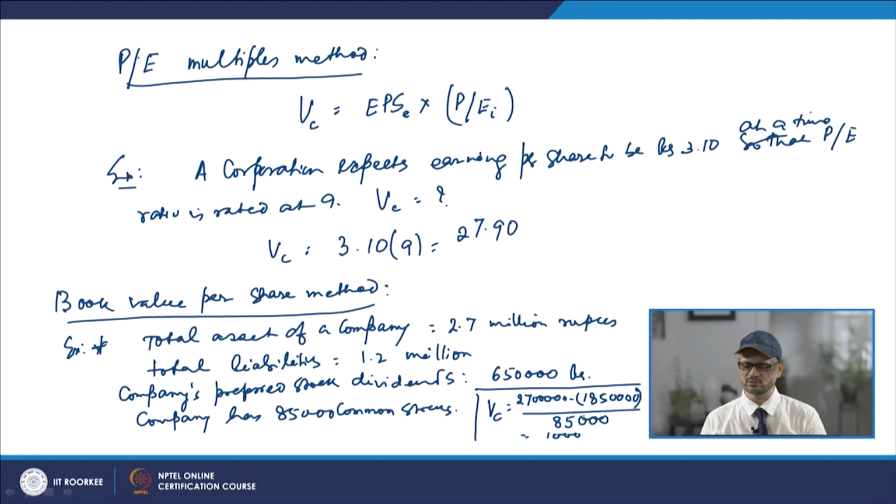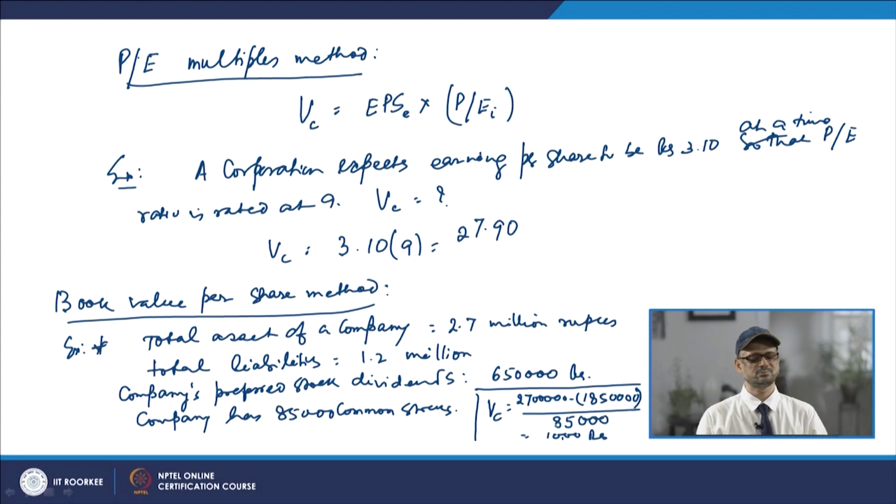So, 8,50,000 by 85,000. So, it is 10 rupees.